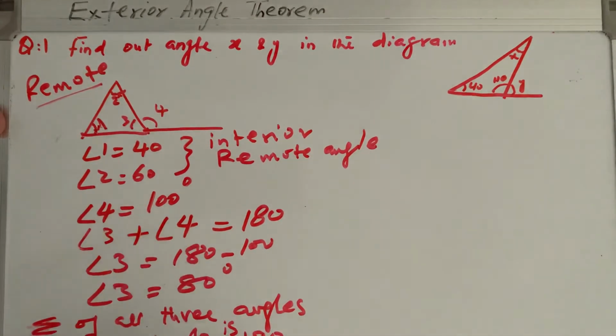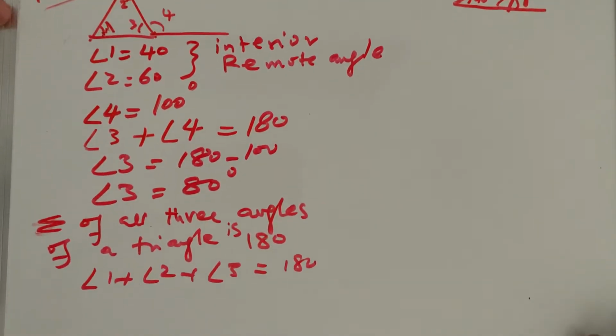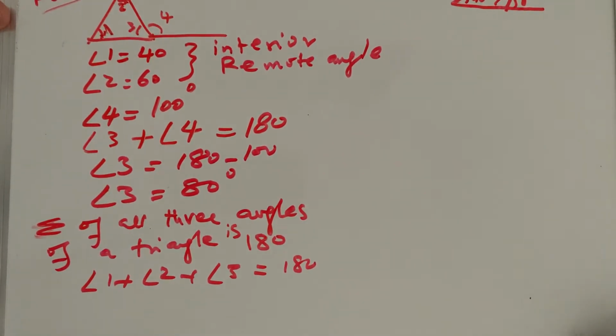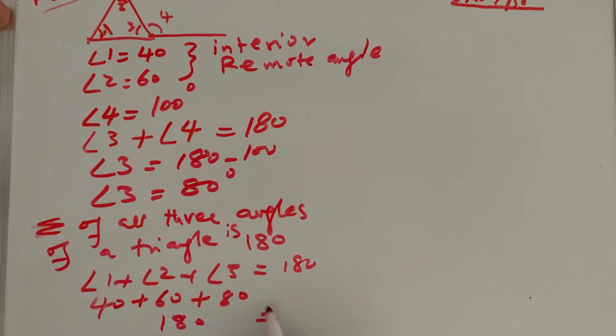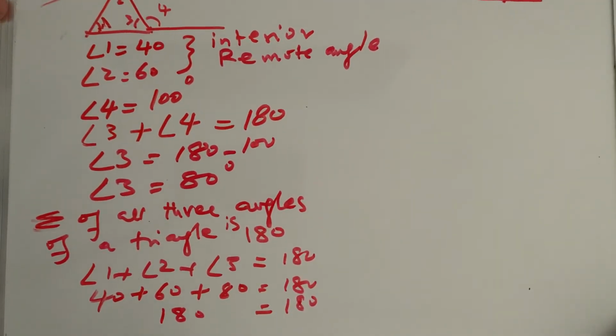So angle 1 plus angle 2 plus angle 3 must be 180. Let's check that what we have done so far is right. We have 40 plus 60 plus 80, which is 100 plus 80, equal to 180. So whatever we did is according to the theorem, and we are right.